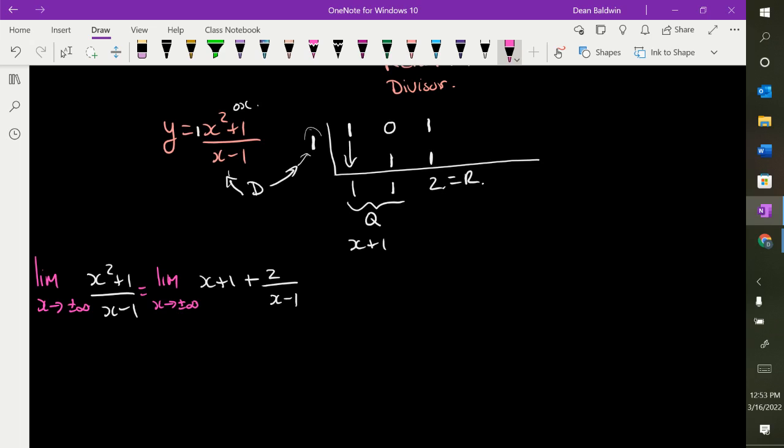Okay. So as x gets really, really, really big, or really, really, really small, let's just look at this. Okay. Now I'm going to shortcut this. Why don't we just look at that? You'll see in a sec.